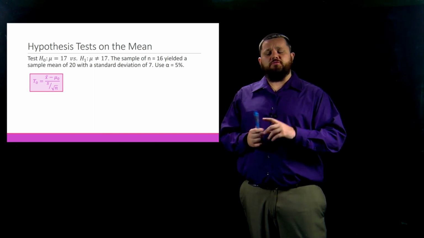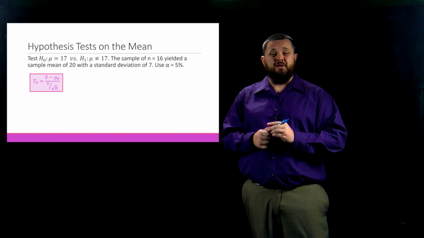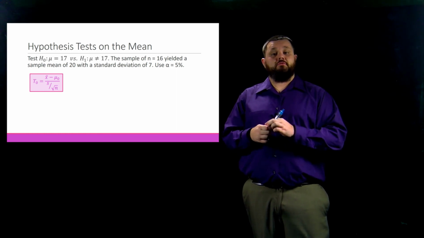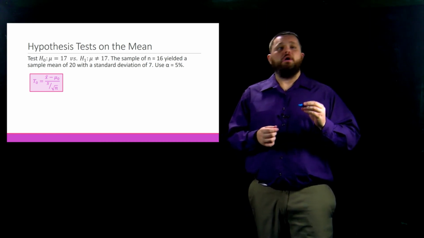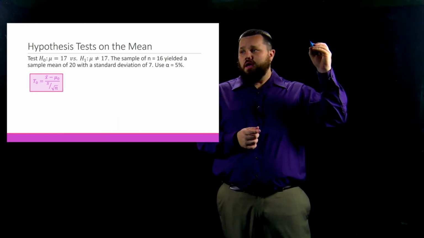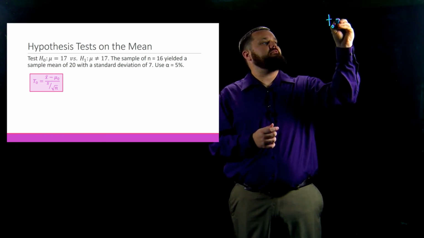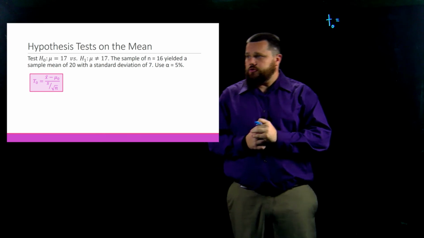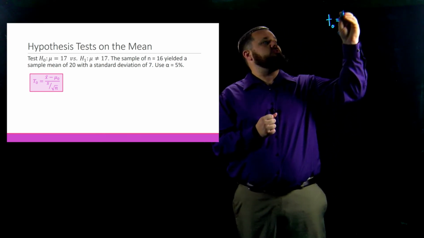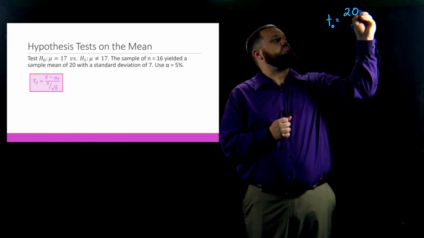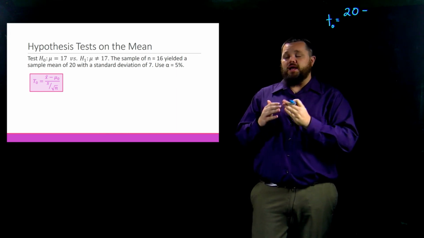You may recall a few slides ago when we were talking about various values of our test statistic, it was lowercase t sub 0. That's the reason, because we're actually talking about a value at that point. So if I were actually going to calculate this, I would have t sub 0 is equal to x bar, our sample mean, which here we're told is 20, minus the value we're testing against, mu naught.